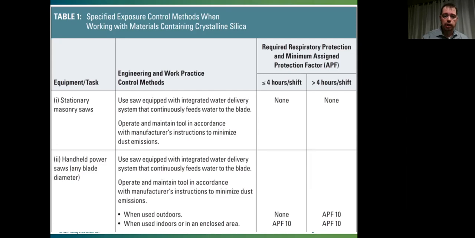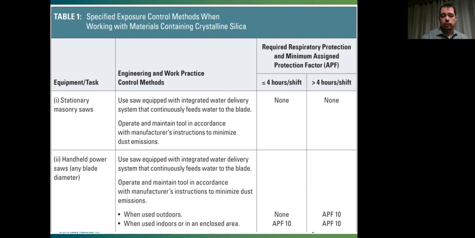Now, if we move down to item 2, the handheld power saws with any blade diameter, we have basically the same integrated water delivery system with the same requirements for following the manufacturer's instructions. But here the breakdown is a little different in terms of whether it's used indoors or outdoors. If it's used outdoors in shifts of less than 4 hours, based on an 8-hour time weighted average for the day, then as long as the control methods are applied appropriately, the employee would not be required to use respiratory protection.